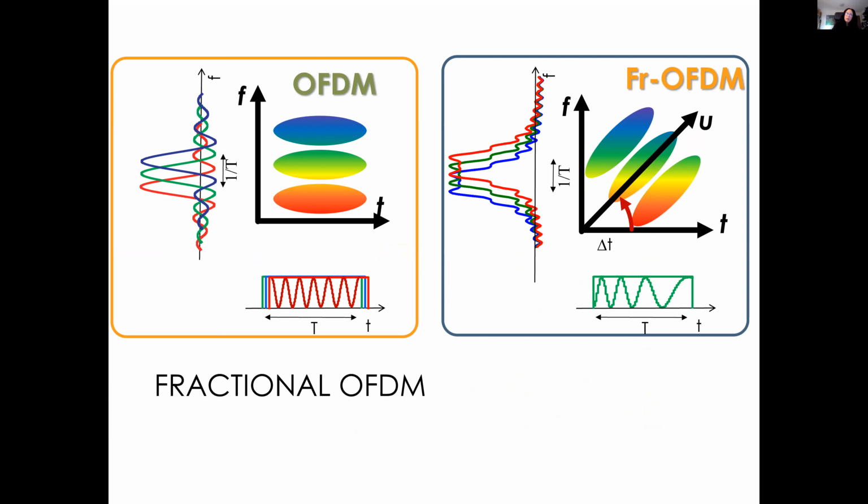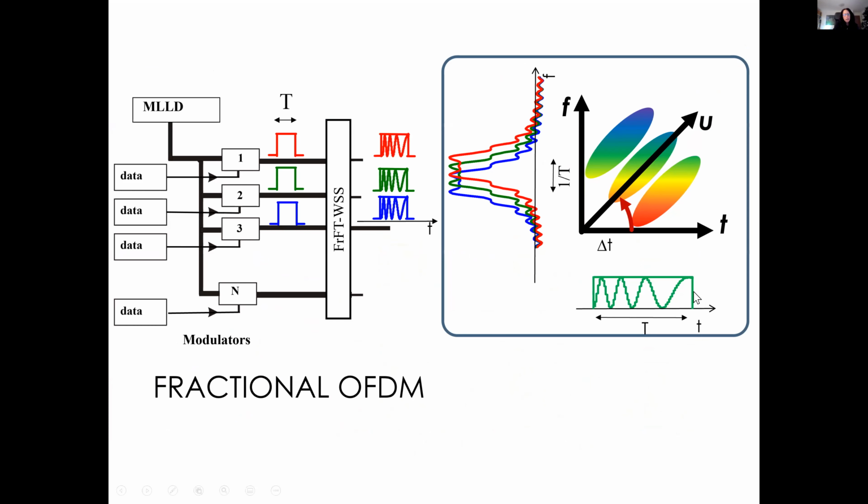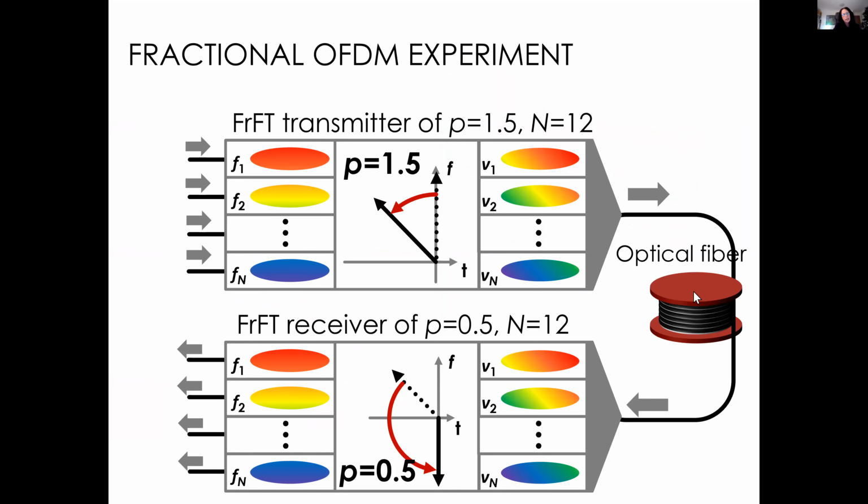You can use a fractional Fourier transform to do OFDM because the channels are still orthogonal. The channels you see are chirped here, but still orthogonal, and so you can use a wavelength selective switch to generate these channels like we did in the first OFDM experiment.